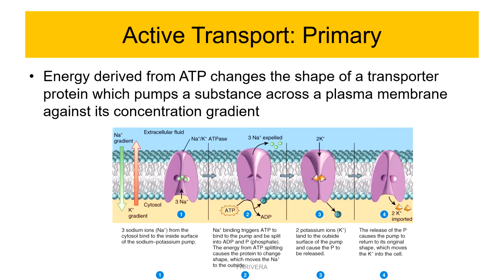One of the most important examples is the sodium potassium pump. This transporter helps maintain the very different concentrations of sodium and potassium inside and outside the cell. You will repeatedly encounter this pump when studying nerves, muscles, cardiac physiology, and electrolyte disorders.